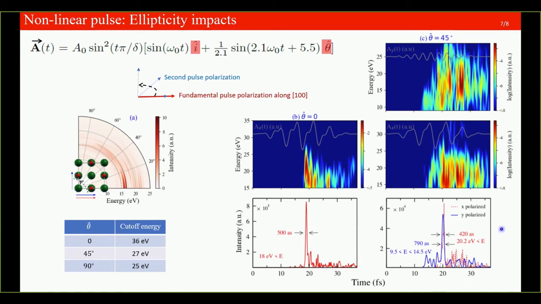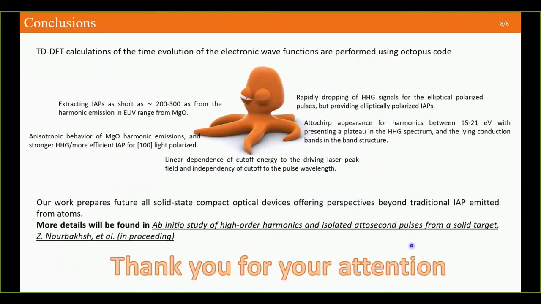As you can see, by appropriately tuning the input parameters, we can have elliptical isolated attosecond pulses. Here the X-polarized and Y-polarized pulses are emitted at the same time. Elliptical isolated attosecond pulses are important for studying spin-polarized systems.